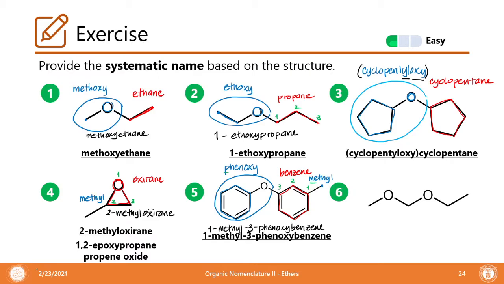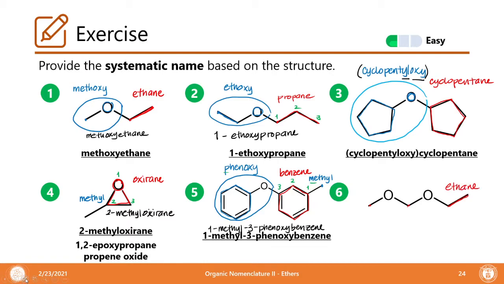Okay, for number 6, lastly, we have 3 different alkyl groups. So how will we choose? Well, always choose the longest alkyl group. Even if it's nested between 2 ethers, we always look for the longest alkyl group. In this case, we have ethane.